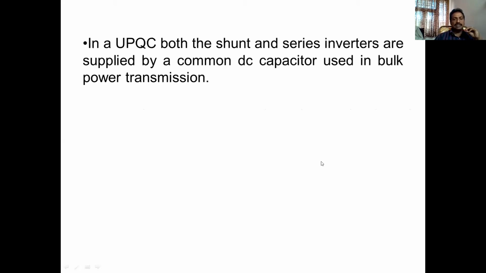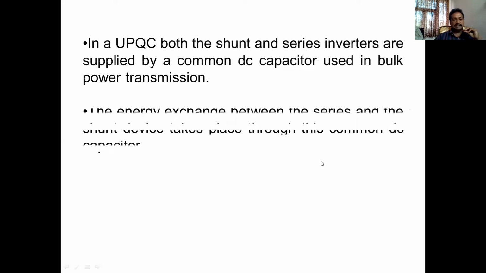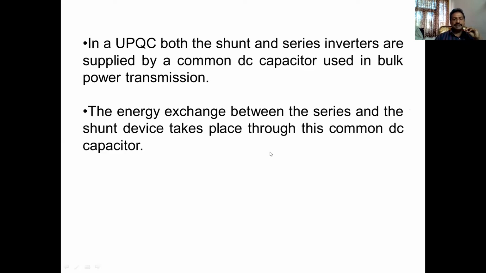In a UPQC, both the shunt and series inverters are supplied by a common DC capacitor, as used in bulk power transmission. This is so in both cases. The energy exchange between the series and shunt device takes place through this common DC capacitor.